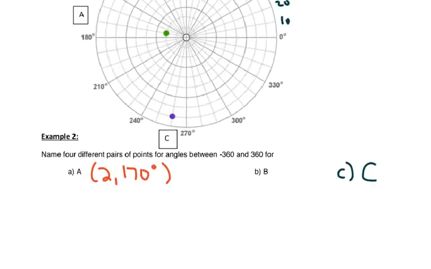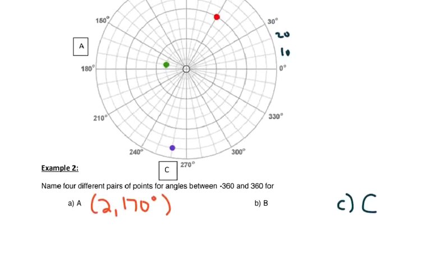So that's one way of describing it. Another way of describing it is to think about the angle as negative. So what if I start here and I go this direction? Well, if I go in the negative direction, that would be at -190. So it could be at 2, -190. Well, the other thing that could be happening is the radius could be negative.